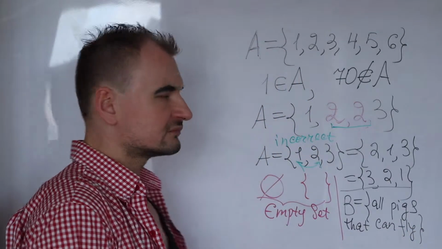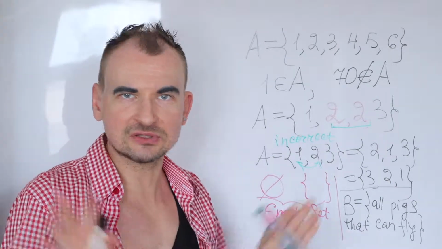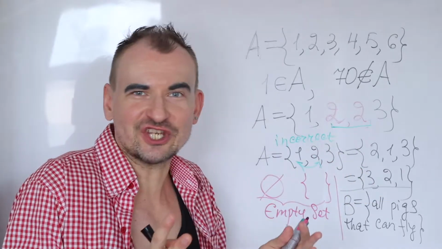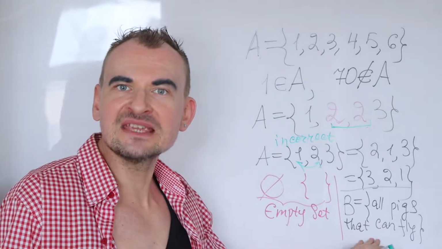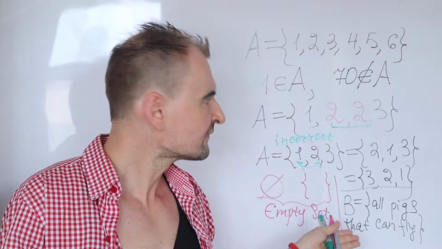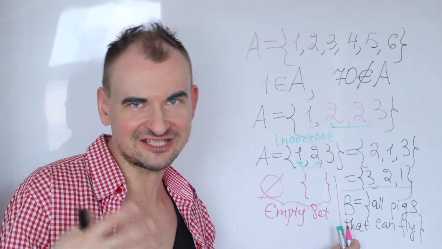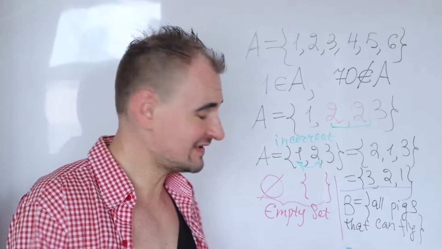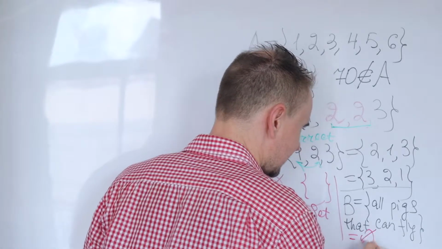Well, we know pigs, and we know that pigs are not able to fly. So that's nonsense. We cannot find pigs that can fly. So this set B is an empty set, since there are no flying pigs in this set.